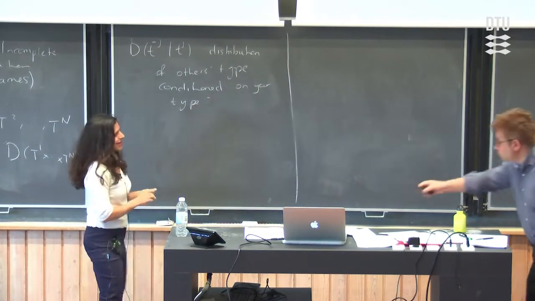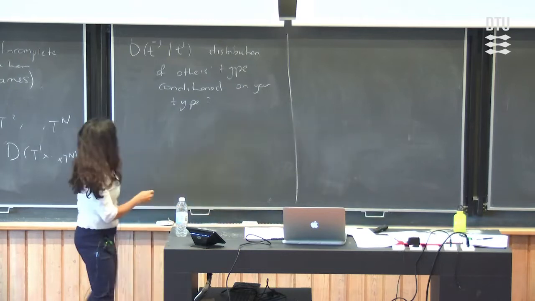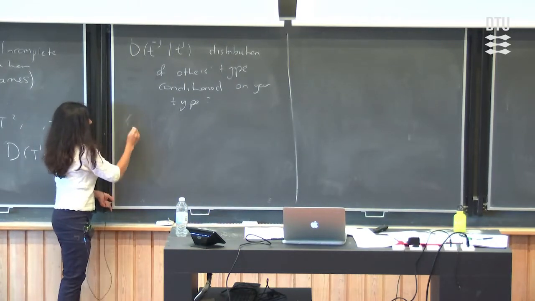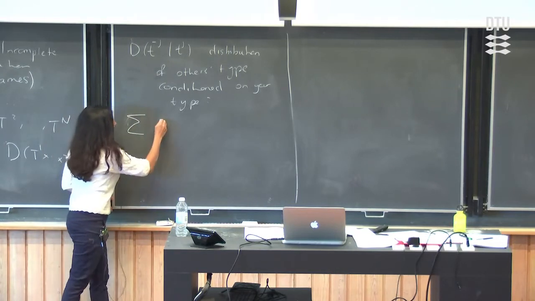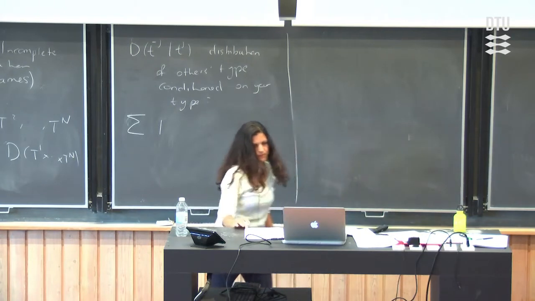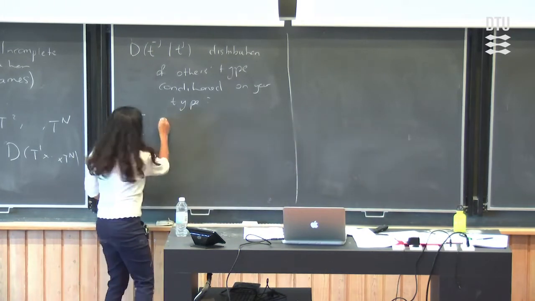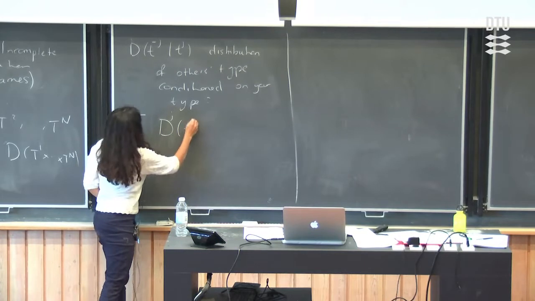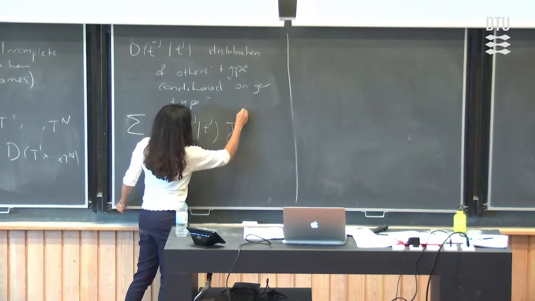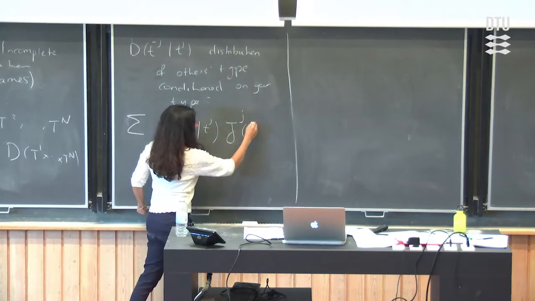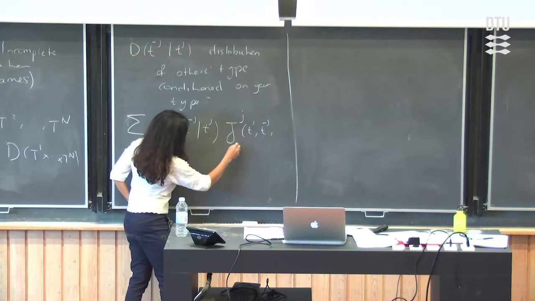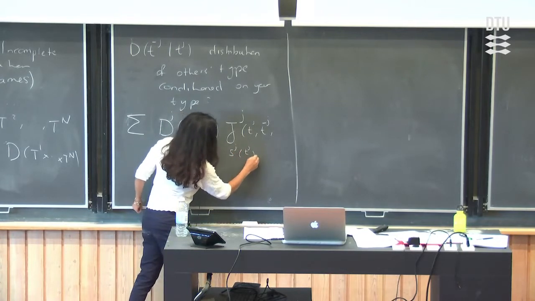So then you can compute the probability D_J of T minus J conditioned on TJ, multiplied by your cost function, which depends on the types of others and the strategy, which is a map from types to actions.